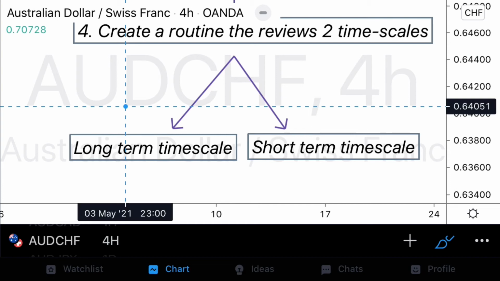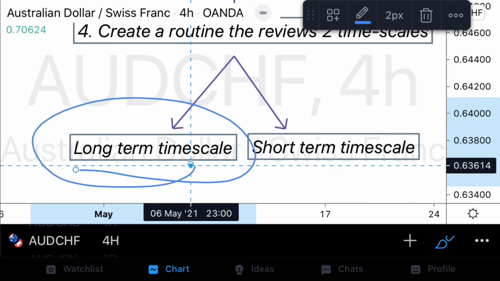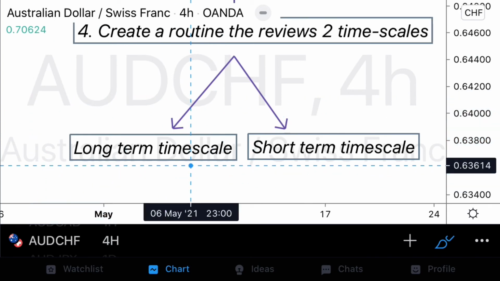We don't want to impose our biases and our ideas on the market. So we want to restrict our time scales or our analysis over a weekly scale to higher time frames. And then on our short-term time scale, that's when we actually go on our entry time frame.